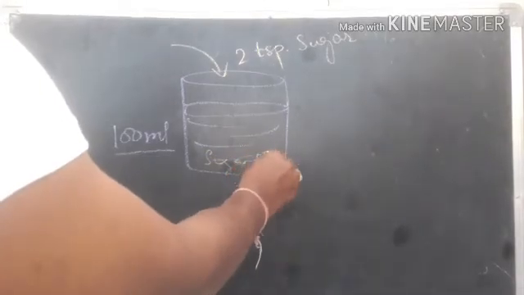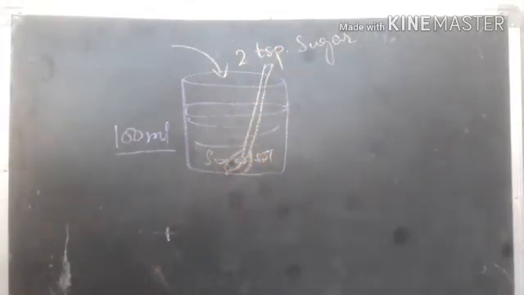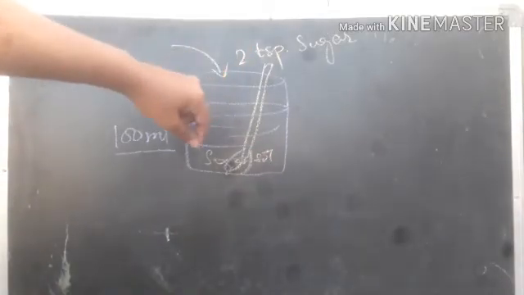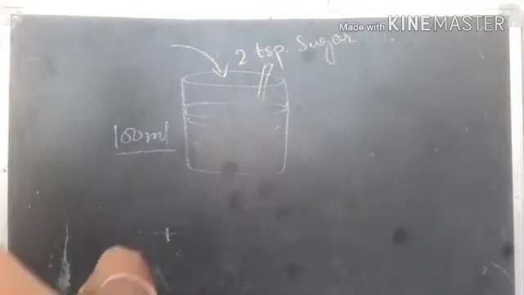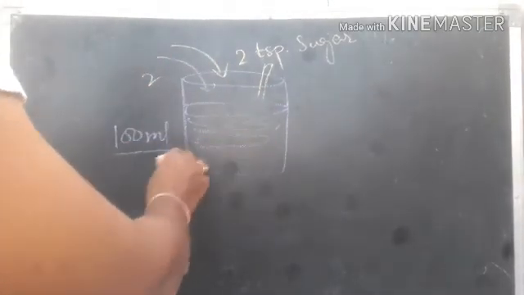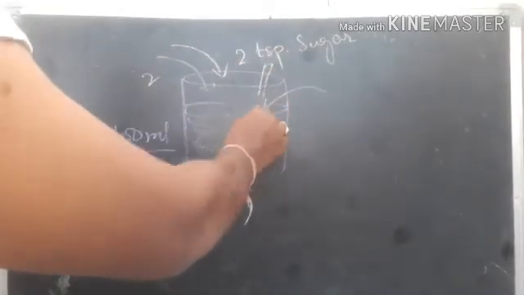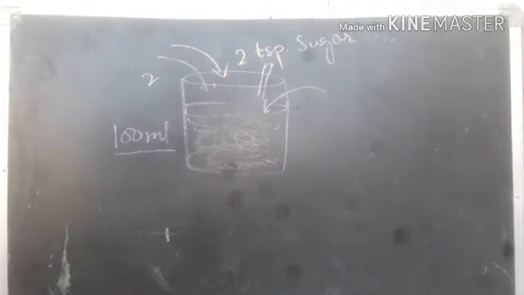If you stir it well with a spoon, if you mix it well, then the sugar dissolves. And again add 2 more teaspoons. Again stir it well, it dissolves. Again add 5 teaspoons. Okay, it is dissolving. Now add some more, it is dissolving.